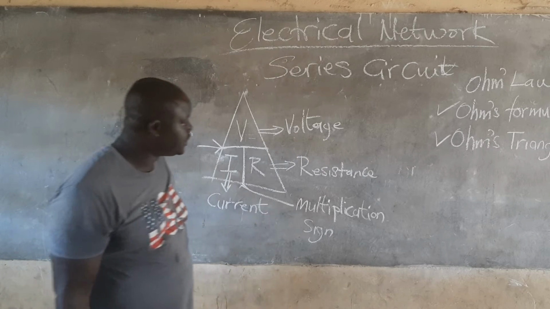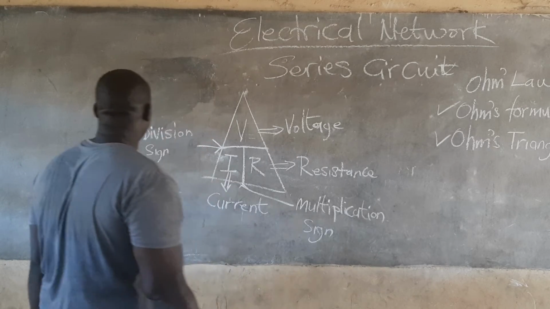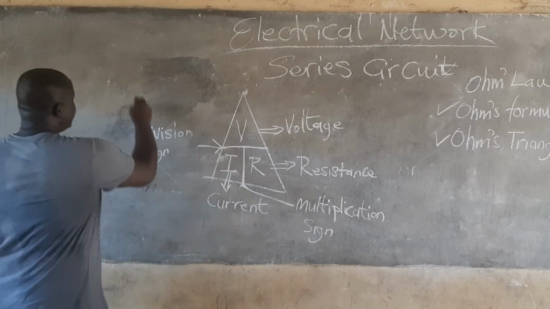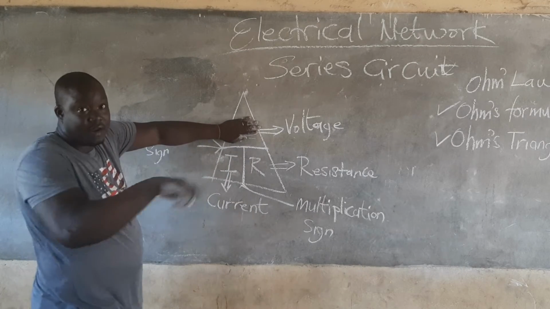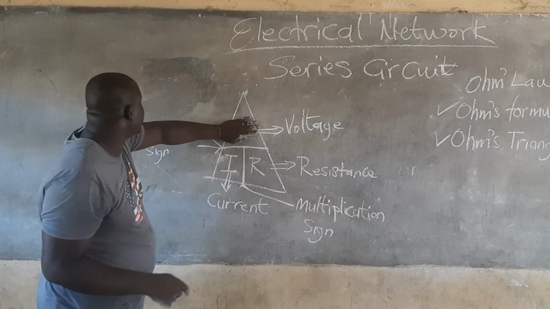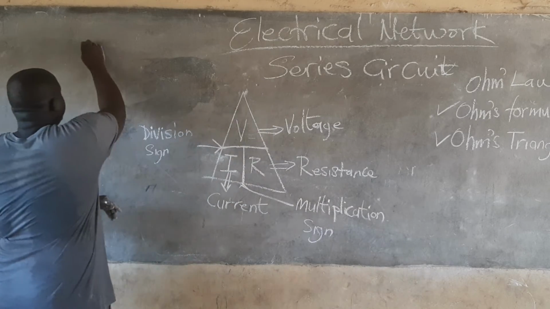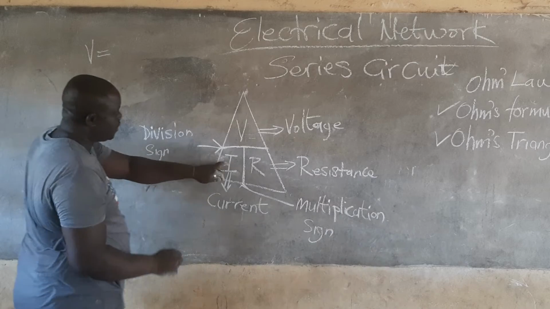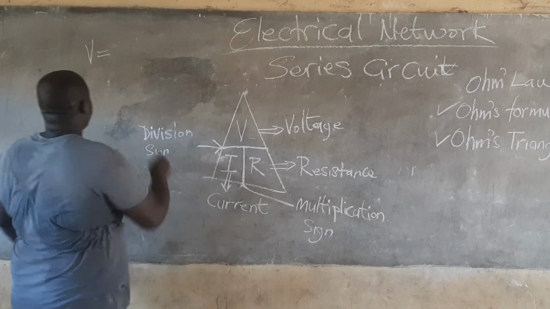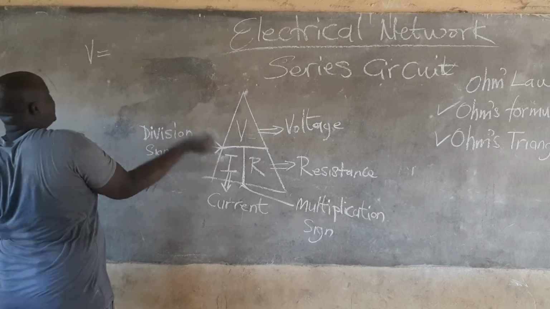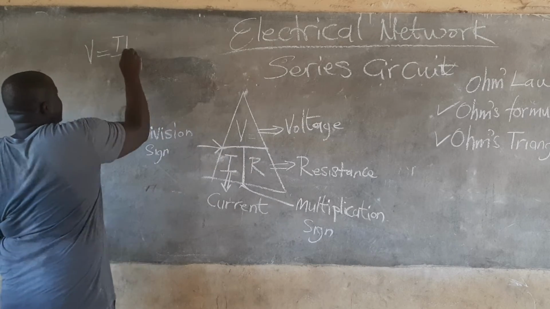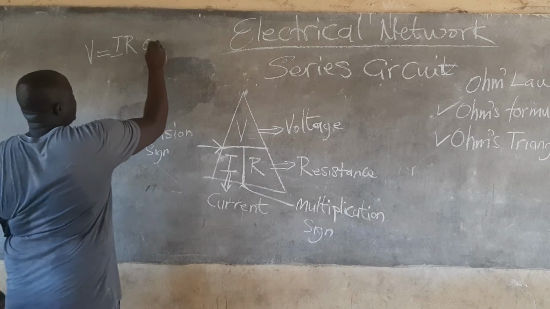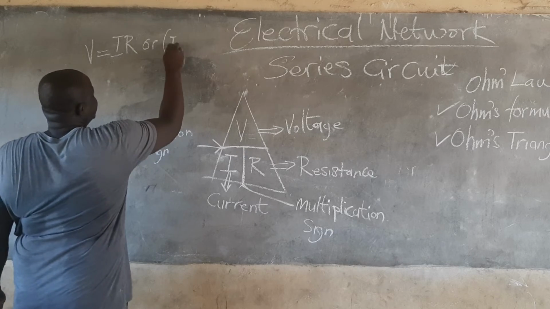So I place my hand here, which means we are finding voltage. So the voltage formula is going to be V is equal to I times R. You can put them into parentheses if you want, or you can just do them like this. It's the same thing.